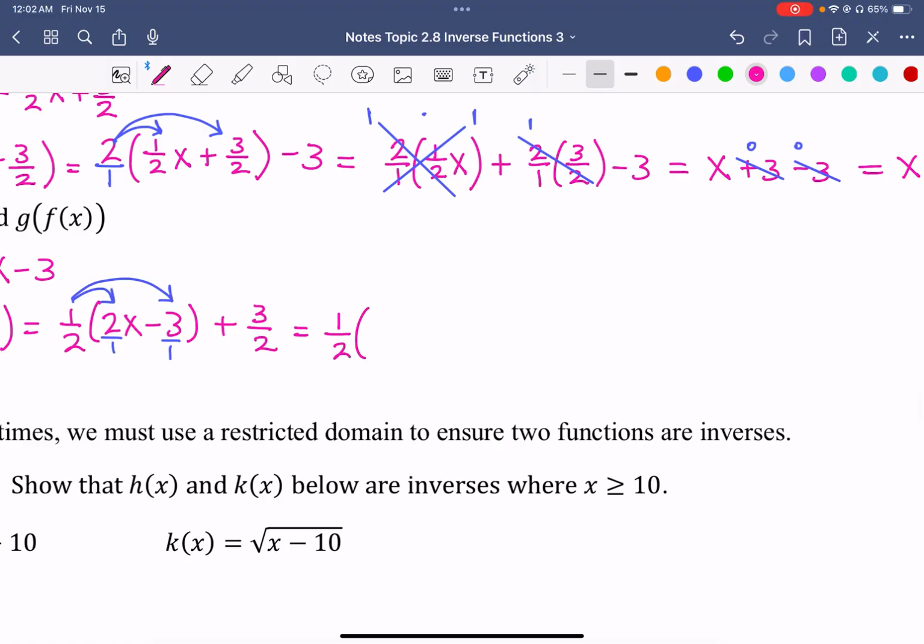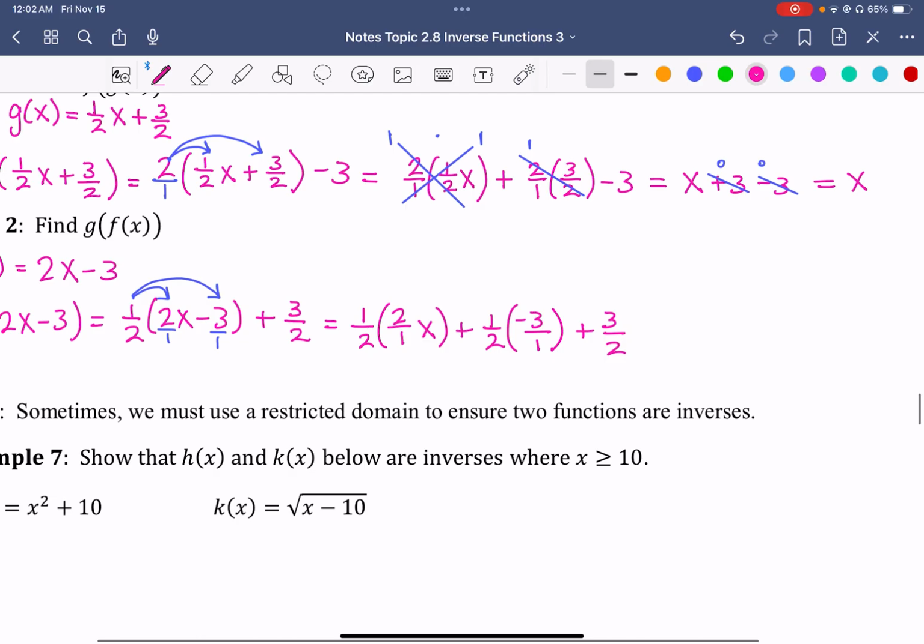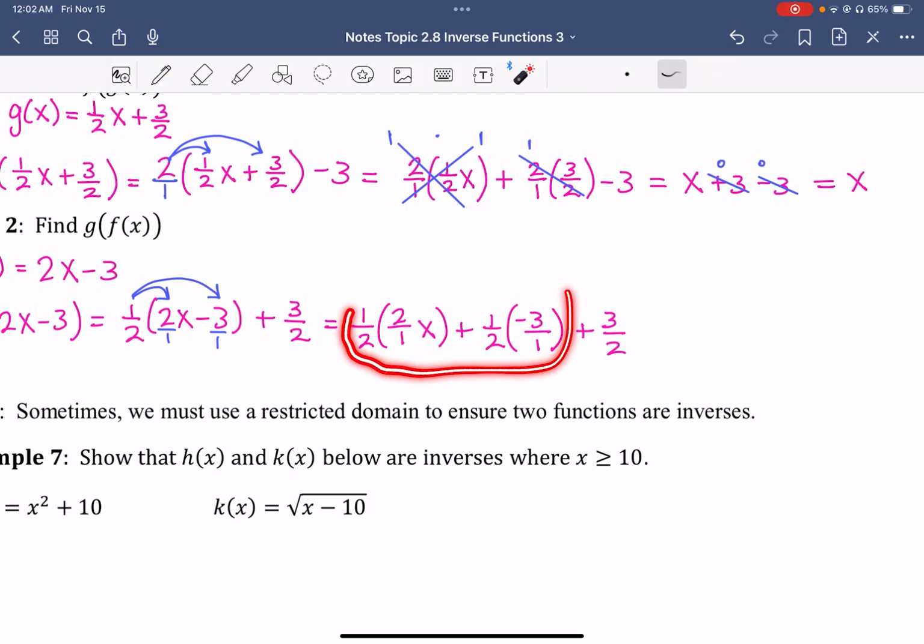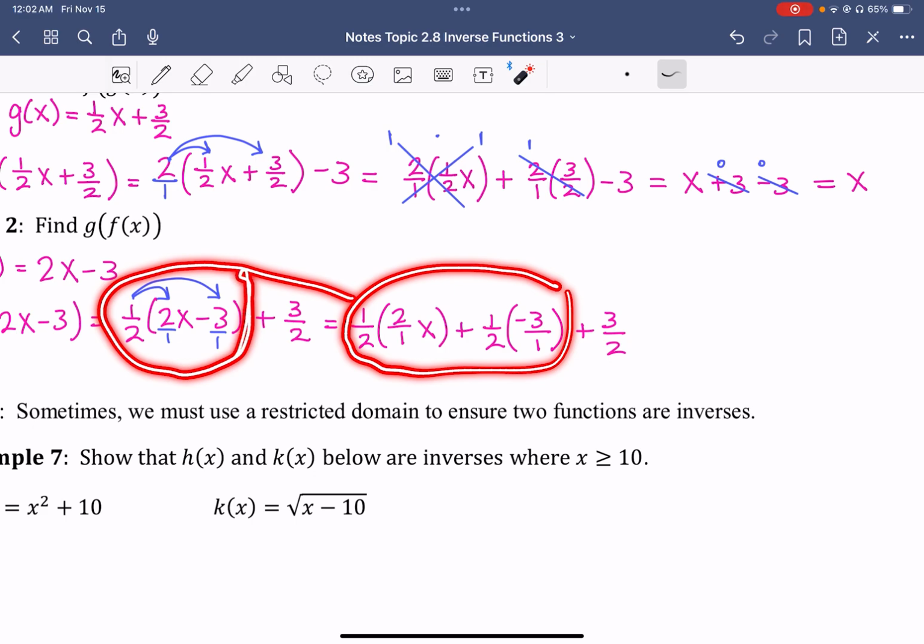So we have 1/2 times 2 over 1 x plus 1/2 times negative 3 over 1. And then I still have a plus 3 over 2 on the back. Okay, so again, just to recap, this is this part here. I'm just breaking it up, multiplying the 1/2 into the binomial.